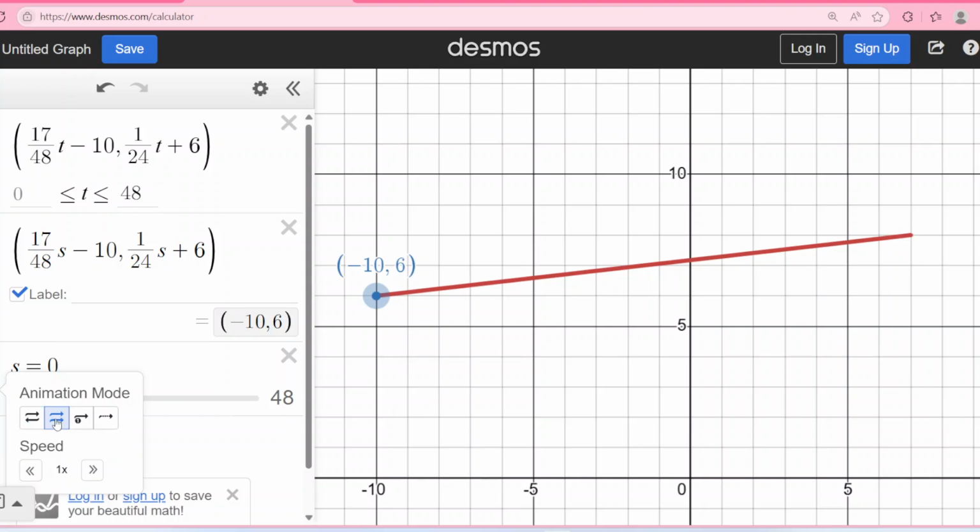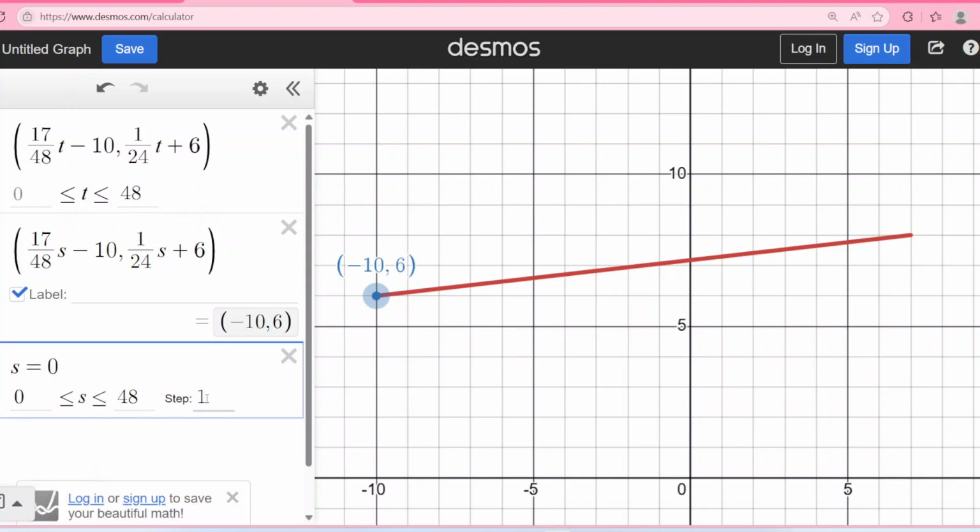I can just have it repeat in one direction here, and I'll slow it down a bit. And I'll even change the step size, make it a little smaller. So instead of the parameter increasing by an hour each time, I'll do it by 100th of an hour, to make a nice, smoother motion.